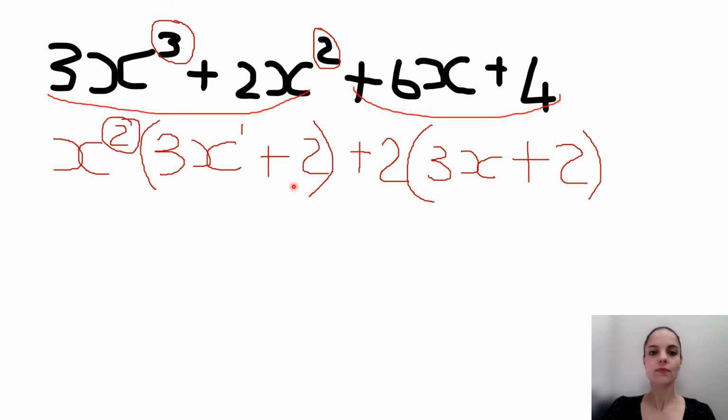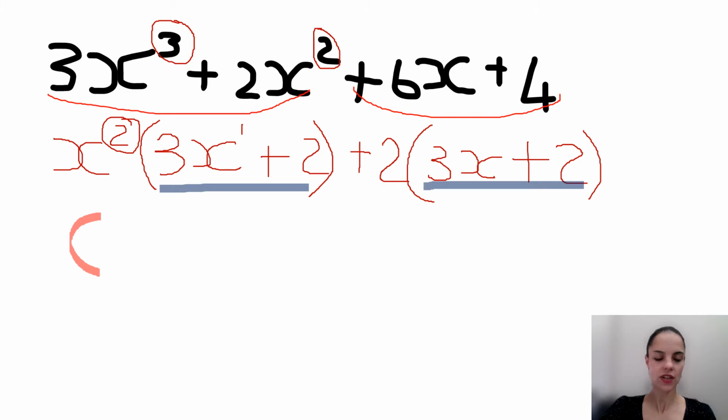Now, the next rule, what do we always do? We take out a common factor. In this one, we have our groups. Let me just highlight for you. They are common factors. So the whole bracket in this instance is a common factor. So we are going to take that out. 3x plus 2.